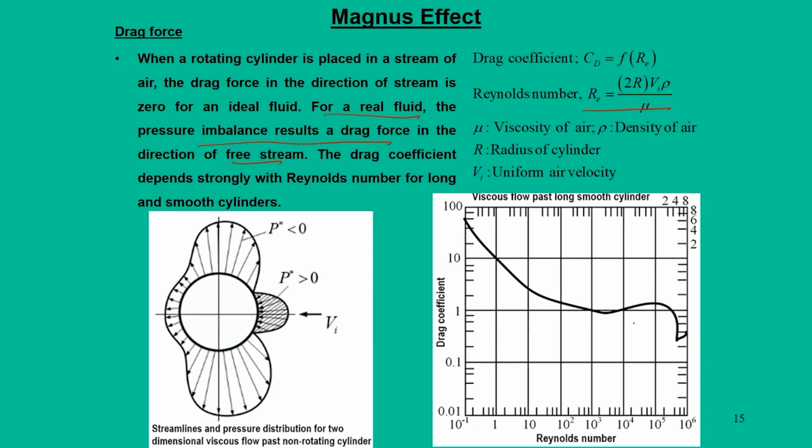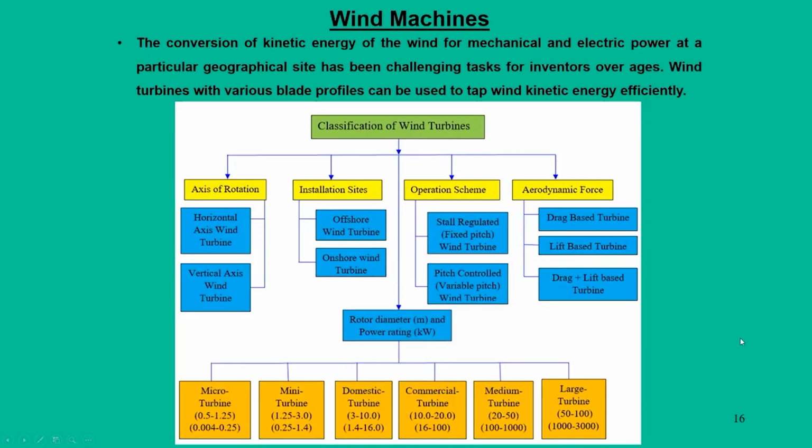A typical trend is shown here, where we present the drag coefficient C_d as a function of Reynolds number. When the Reynolds number is much higher, in the order of 10 to the power 5 to 6, C_d is approximately 0.4. So, this is all about the drag force.